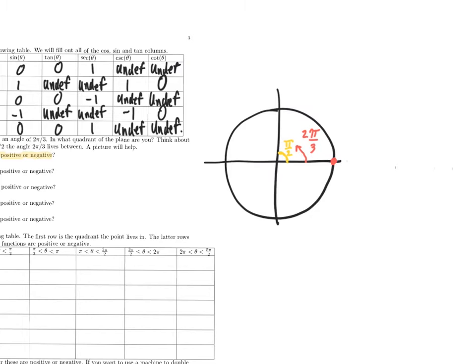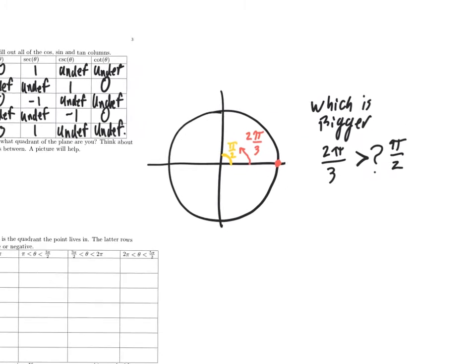So let's ask ourselves, which is bigger, 2 pi over 3? And maybe I'll use this sort of not terribly standard notation. I'll ask if 2 pi over 3 is bigger than or less than pi over 2. And, well, there are a few ways to think about that. Let's imagine I wanted to solve that inequality.